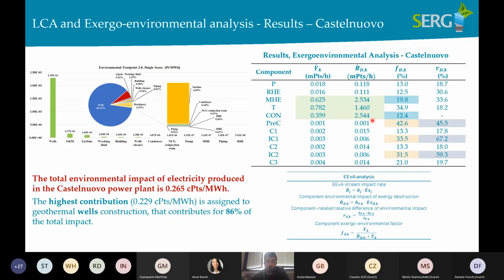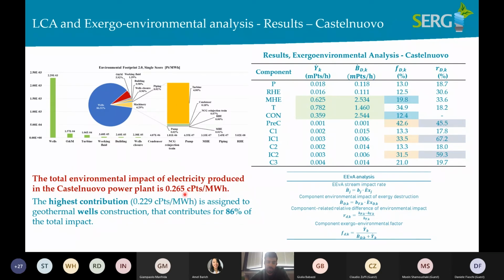From an environmental point of view, on the other hand, we can see what I was saying before, that the wells are the main responsible for the environmental impact. Followed by this, we can see that the environmental impact is lower with respect to Hellisheidi, because in this case we do not have any emissions, and all of the emissions are reinjected.